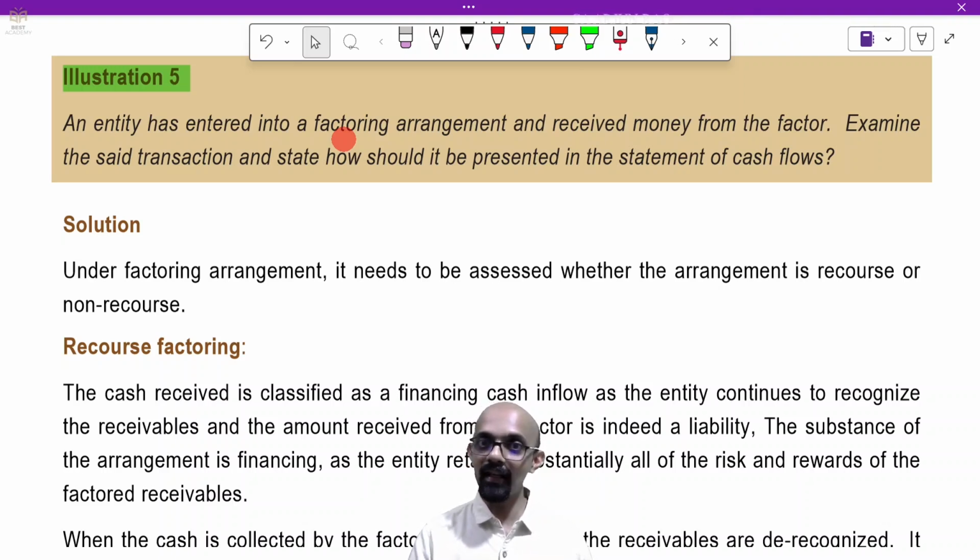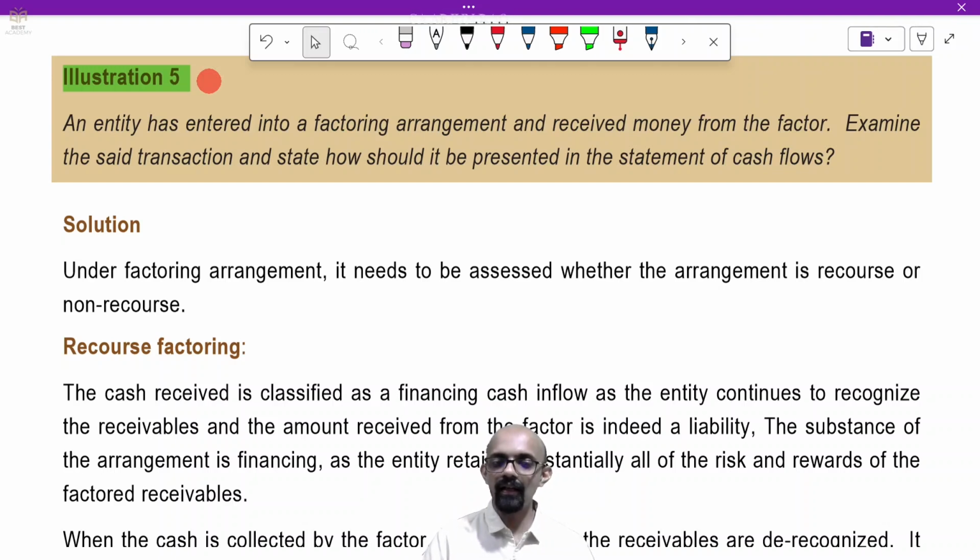So then when you sell, when you basically liquidate, you are realizing the value of the receivable, then it's operating. It's like receiving money from the debtor, right? So if it is with recourse, then the treatment is financing. If it is without recourse, it is operating.